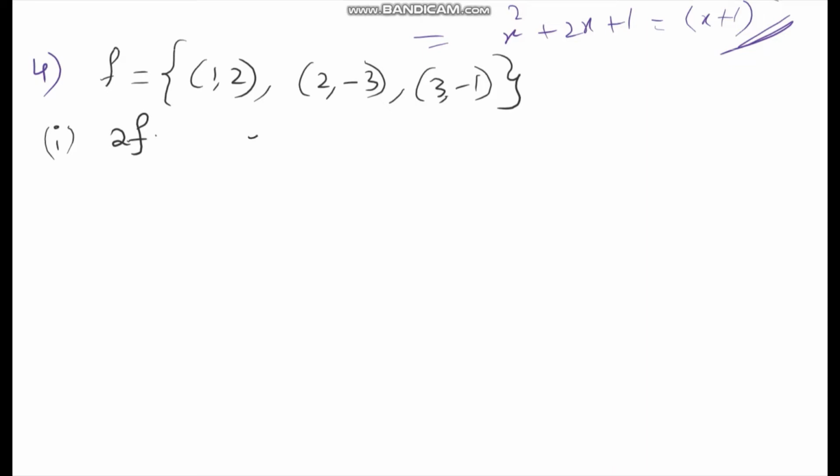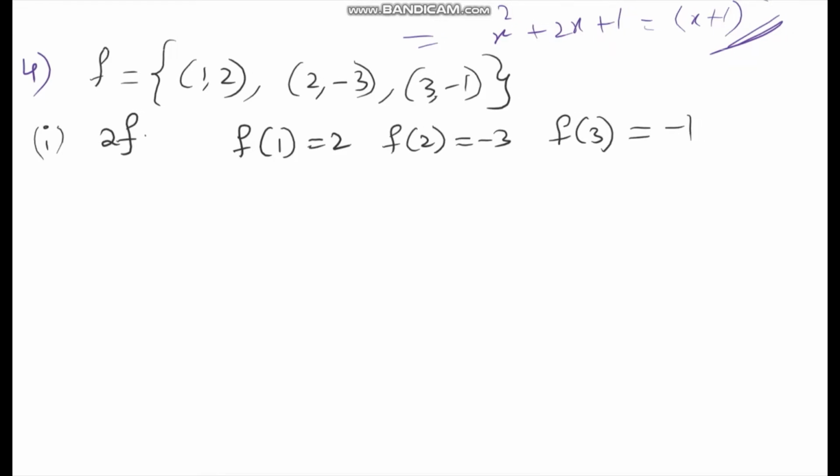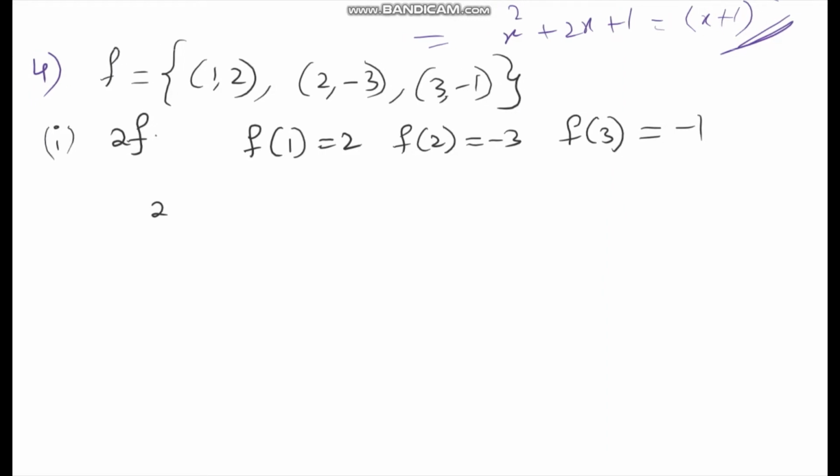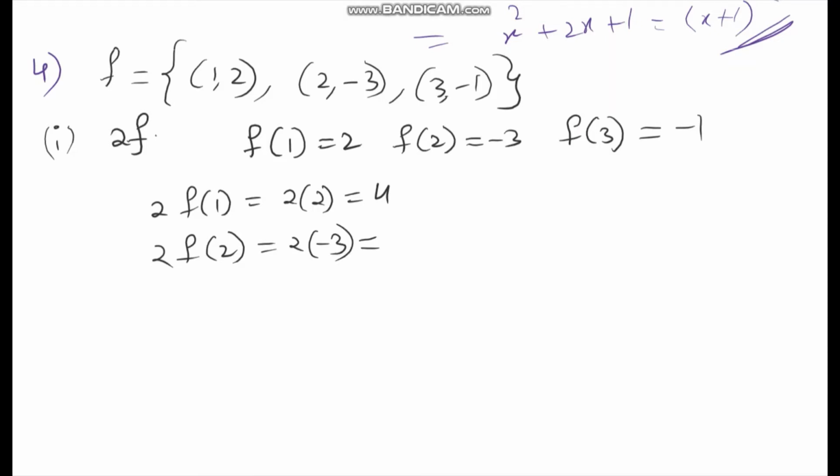So first I have f of 1 equals 2, f of 2 equals minus 3 and f of 3 equals minus 1. 2 into f of 1 equals 2 into 2, which is 4, and 2 into f of 2 equals 2 into minus 3, that equals minus 6. 2 into f of 3 equals 2 into minus 1, that is minus 2.